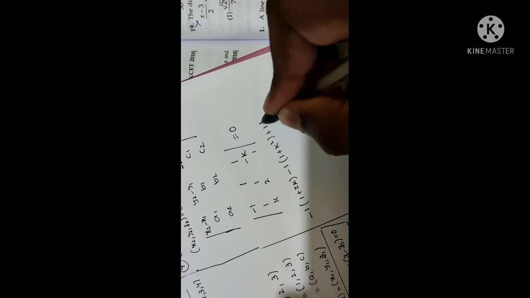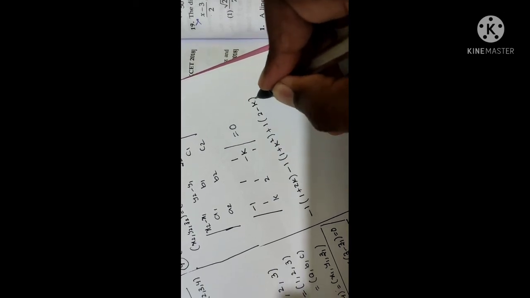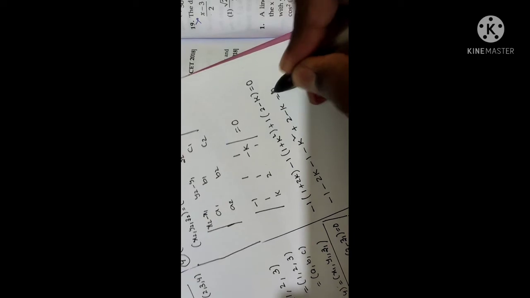Simplify this. You know how to simplify. In the same manner as we find determinants, you can simplify this. Minus 1 into 1 plus 2k, minus 1 into 1 plus k square, plus 1 into 2 minus k is equal to 0. That simplifies to minus 1 minus 2k, minus 1 minus k square, plus 2 minus k equals 0.